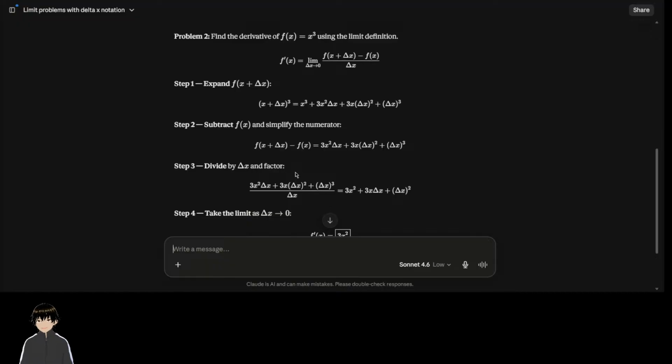You didn't expand it. The problems that were given by my professor, we actually expand this. So let me pull up the problems that were given. Let me get my phone.